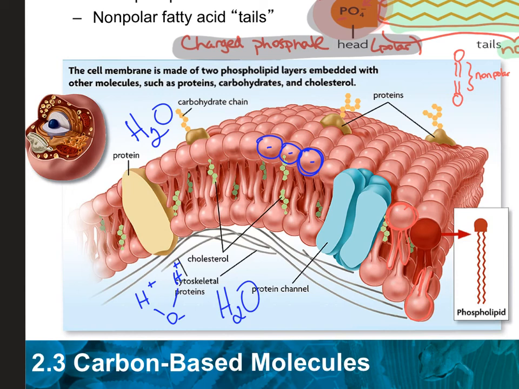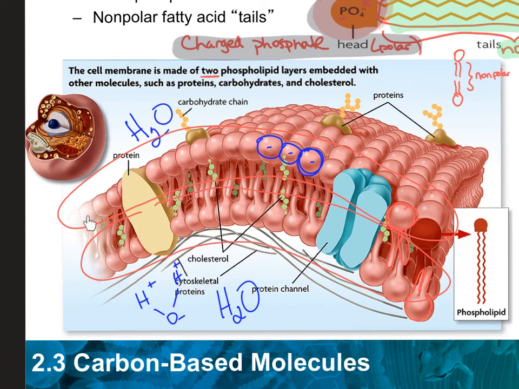So one last thing that I'm going to say about the cell membrane, and that is the fact that it doesn't have one phospholipid layer, it has two. So we would say this is a layer of phospholipids, and this is a layer of phospholipids.